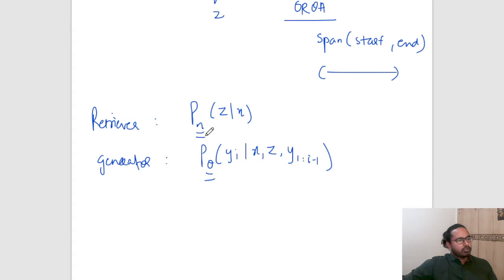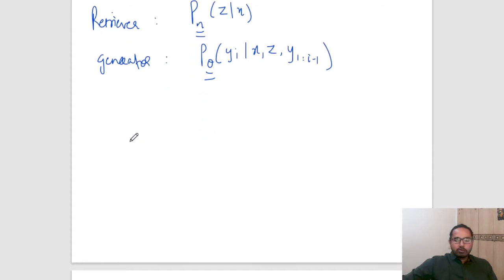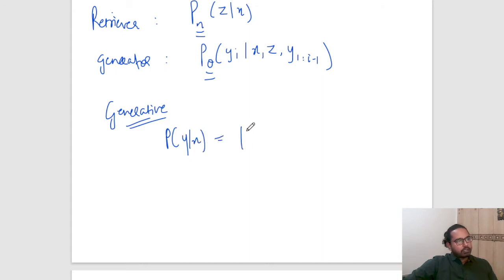Yeah, so this is the probability given from our QA model, and this is the probability that is given from our retrieval model. So before we go further, let's talk a little bit about how a generator model usually gives probability to a target sequence. Mostly in generative models, as we discussed in our first video, the probability of a target sequence given an input sequence is the multiplication of the probability of each and every token.